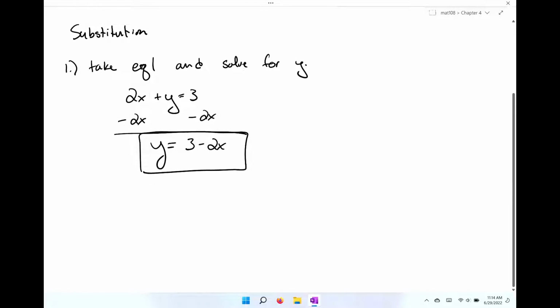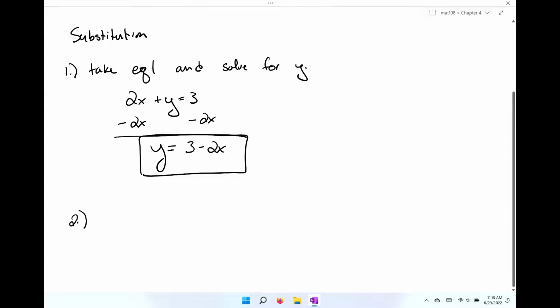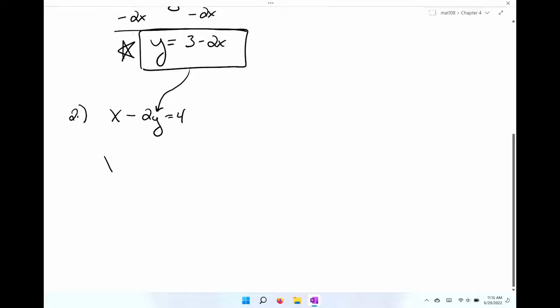Now, our second step is to substitute y equals 3 minus 2x into the equation that we didn't pick. So the equation that we didn't pick, x minus 2y equals 4, we're going to take this and substitute it in for y. So x minus 2 times the quantity 3 minus 2x equals 4. And then all I'm going to have to do here is just solve for the variable x.